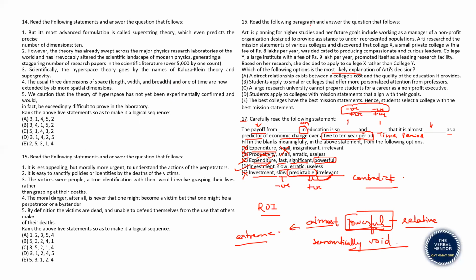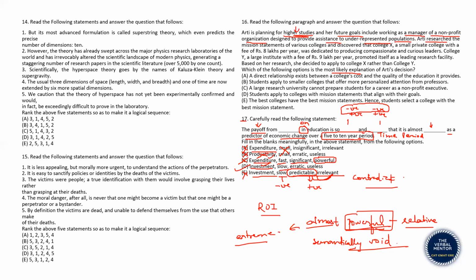All right. 16th question. Aarti is planning for higher studies, and her future goals include working as a manager of a non-profit organization. Okay. So she's planning for higher studies. Her future goals include working as a manager for an NGO designed to provide assistance to underrepresented populations.